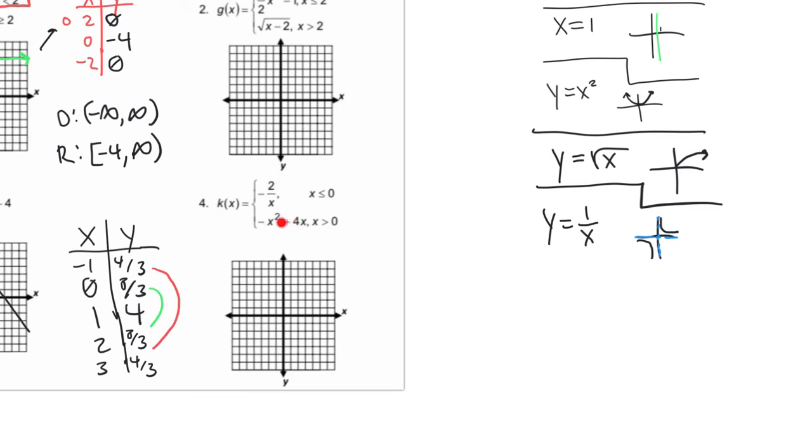To find the vertex, you'd have to use -b/2a to find the axis of symmetry. This is a parabola that's written in standard form. So you're going to want to find that axis of symmetry, and then plug it back in to get the y-coordinate of the vertex.